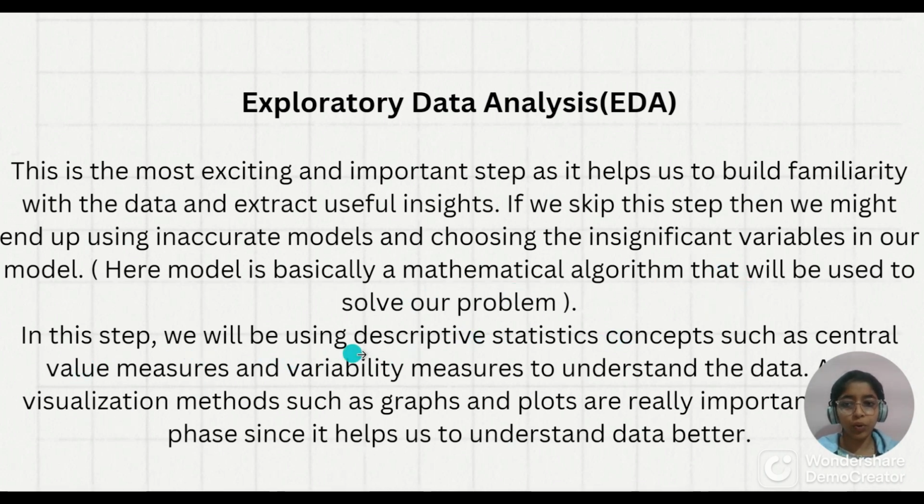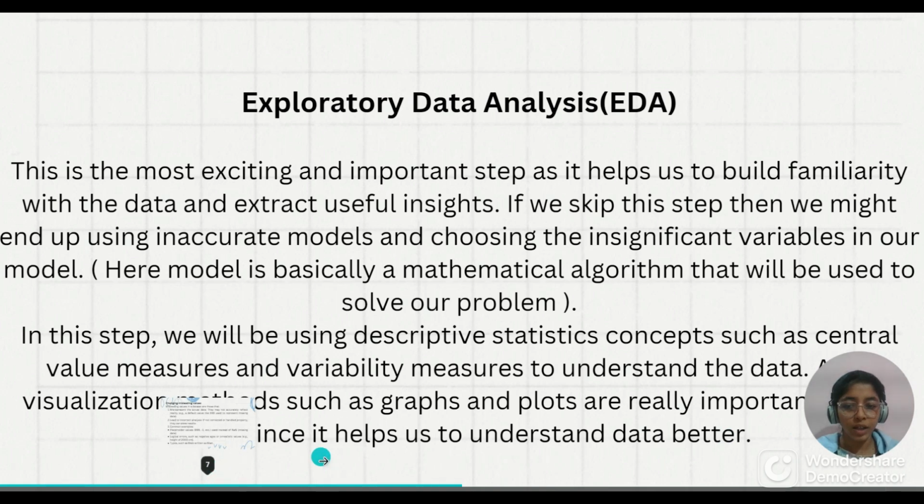In this step, we will be using descriptive statistic concepts such as central value measures and variability measures to understand the data. Visualization methods such as graphs and plots are really important as this phase allows us to understand the data better.